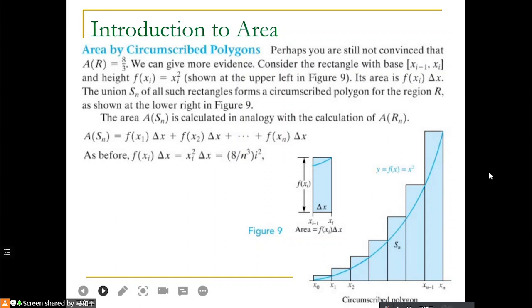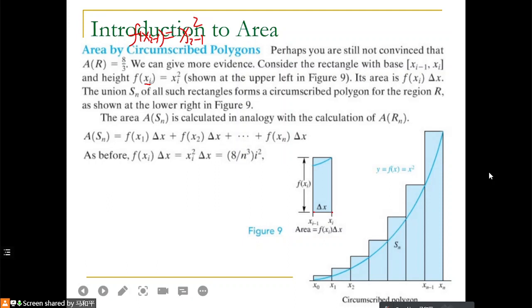In the inscribed case, we use height f of x i minus 1, which is x i minus 1 squared. We choose the left endpoint, and for circumscribed polygons, we choose the right endpoint, x i. Right, f of x i is x i squared.